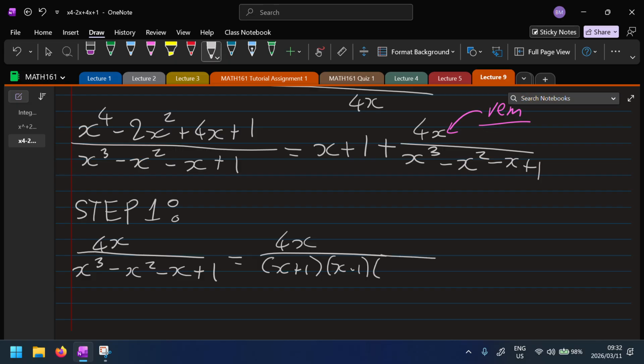One more. There must be a third one because it's cubic. Anyone want to guess what the last one is? Or if they know? So we got x plus 1, x minus 1. There's a third one. You have to know, when you're factoring cubics, quadratics and cubics, you have to know how to factor these.